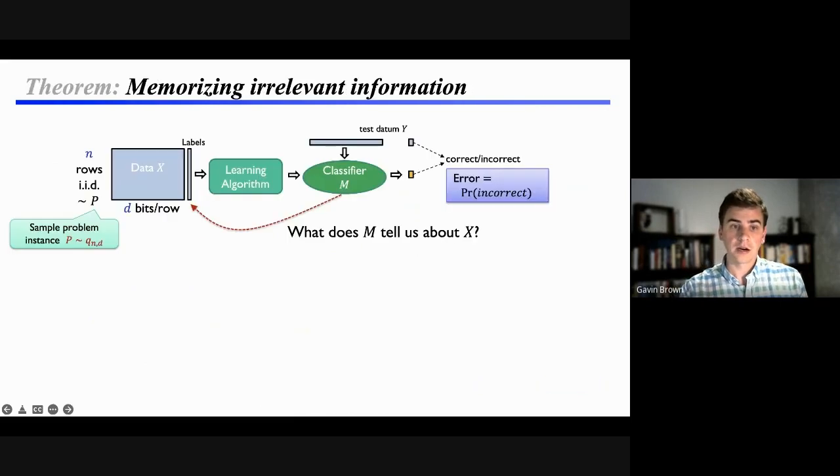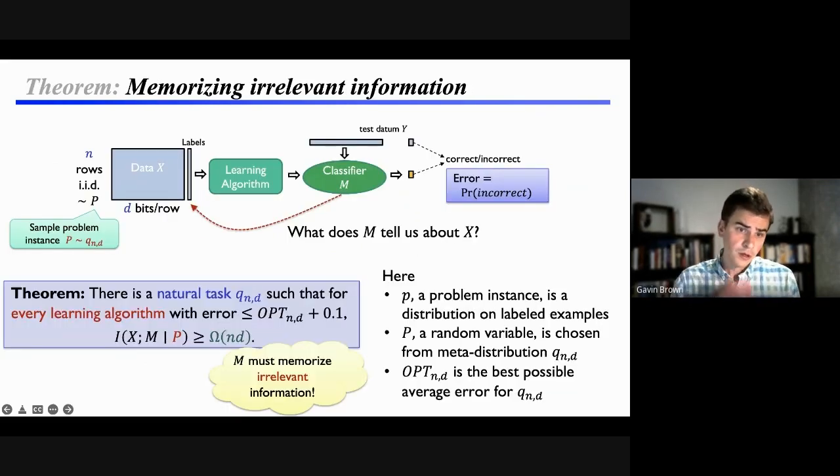So let's look at our main theorem. There's a natural task Q such that for every learning algorithm with error within 10% of optimal, this mutual information between X and M conditioned on P is big omega of N times D. And since the data set itself only has N times D bits in it, this means that M must memorize a constant fraction of the information in the data.